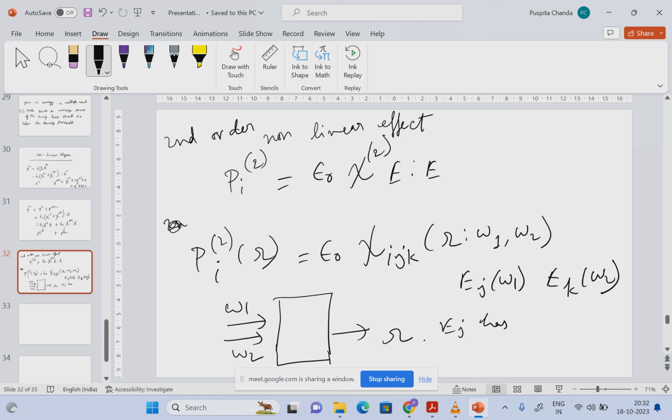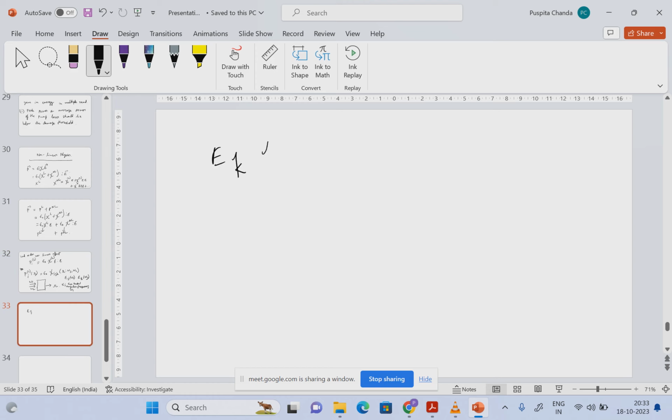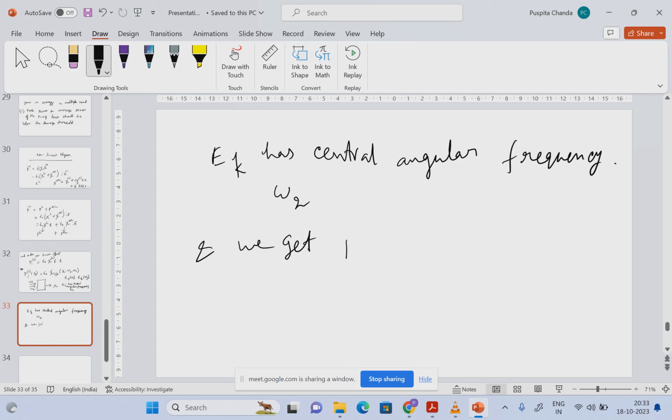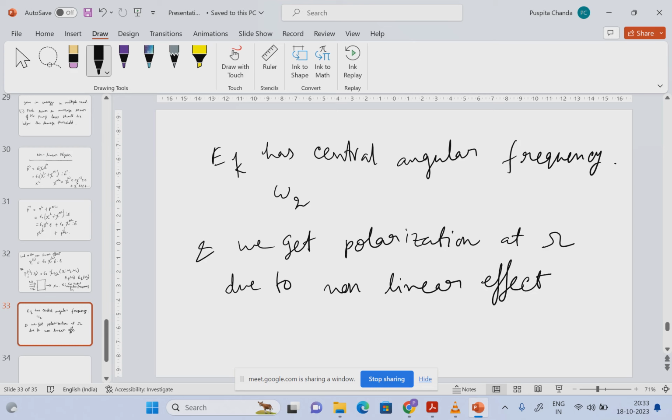The electric field Ej has central frequency omega 1, electric field Ek has central angular frequency omega 2, and we get polarization at omega due to non-linear effect.